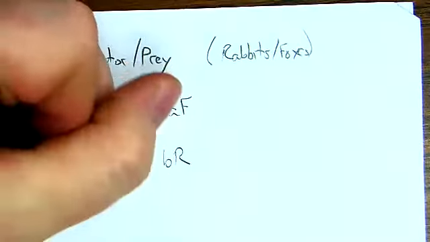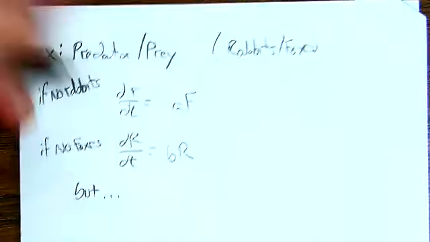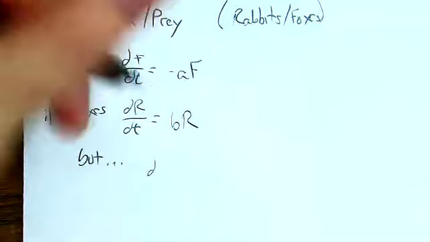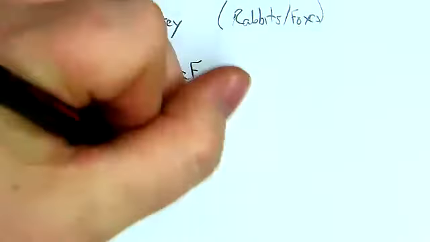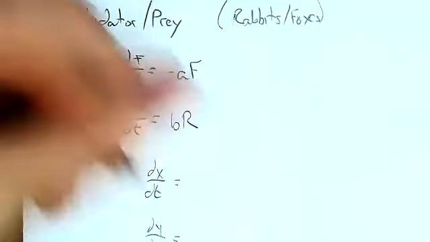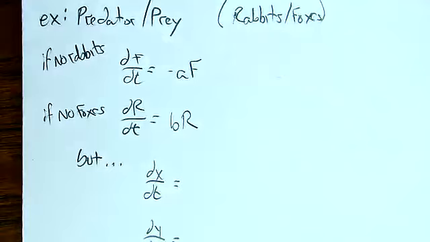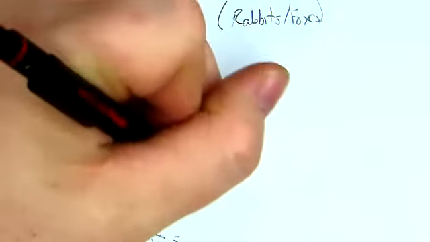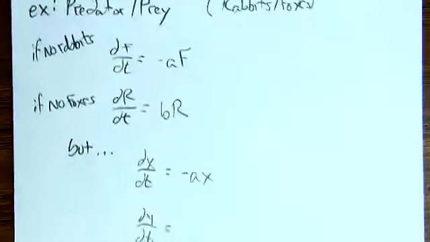But the moment we take this out of the zoo and start putting it in the quote unquote real world, if you will, then we might have, using X's and Y's for rabbits and foxes, X here is the foxes, arbitrarily using X as foxes and Y as rabbits.